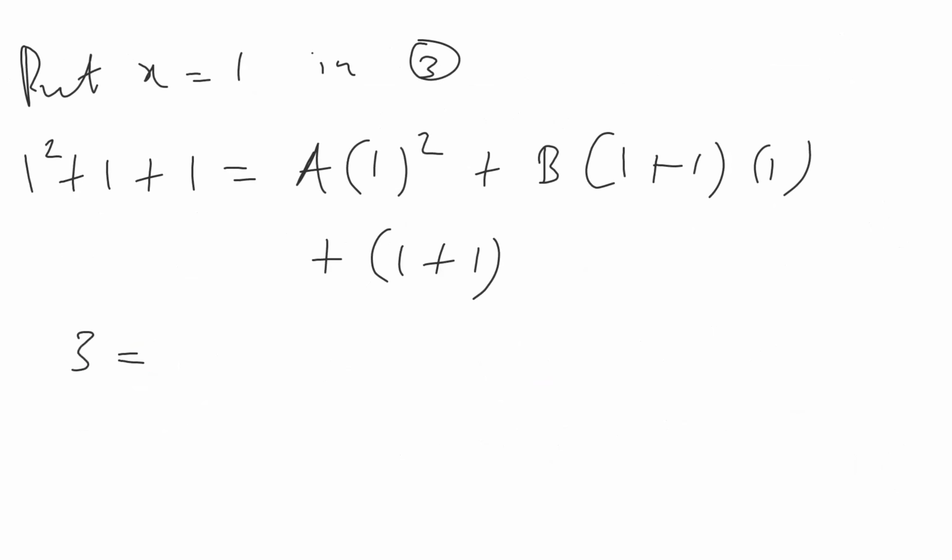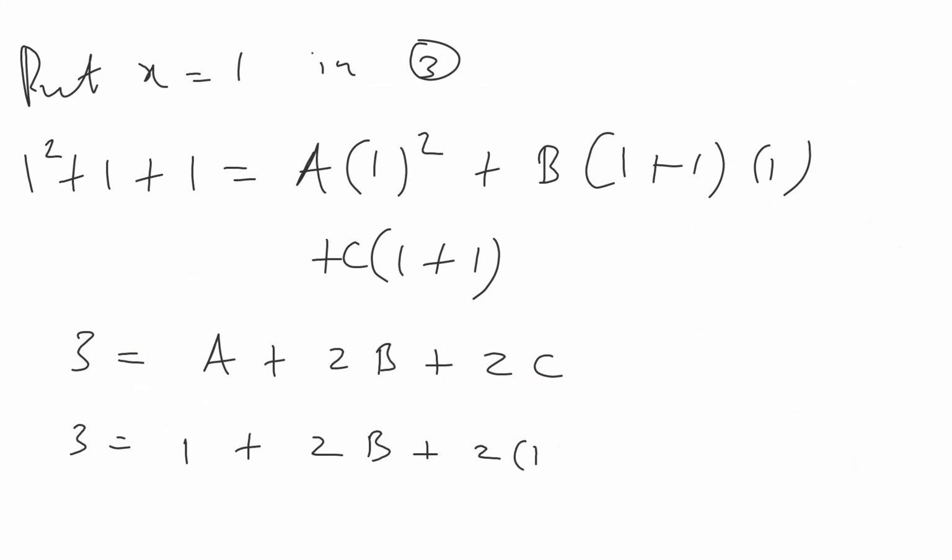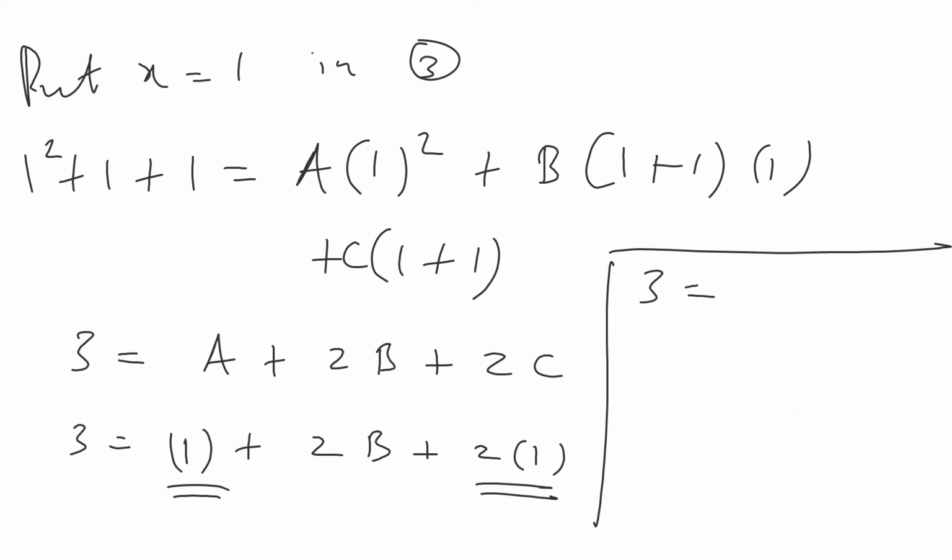So this is 3 equals 3A plus 2B plus 2C. The values of A and C are 1. So 3 is equal to 1 plus 2, that is 3, plus 2B.